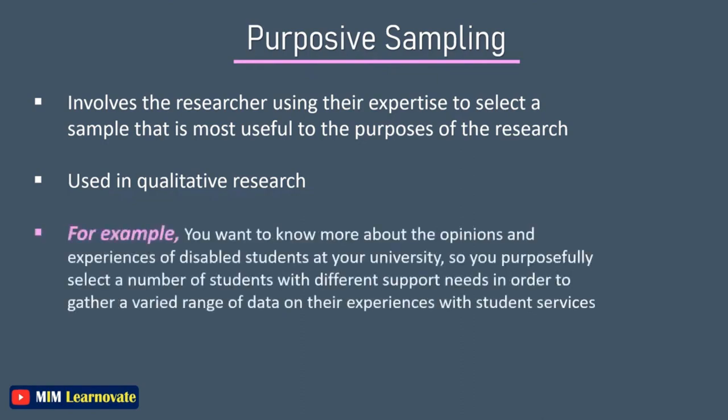For example, you want to know more about the opinions and experiences of disabled students at your university. So you purposefully select a number of students with different support needs in order to gather a varied range of data on their experiences with student services.